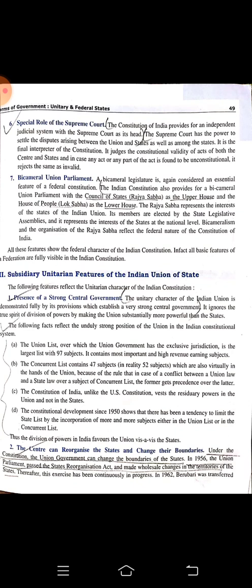If some matter is there in the union list, the union government or the central government will take the decision, and whenever the matter is in the state government's list, the state will take its own decision. In the concurrent list, both of them have to discuss and mutually decide something.